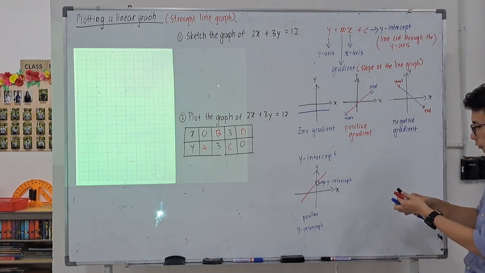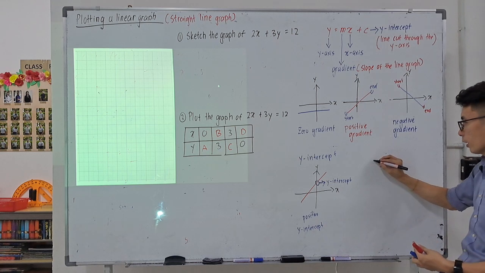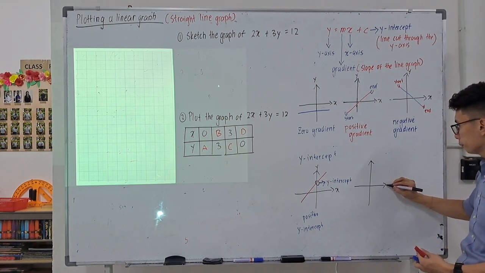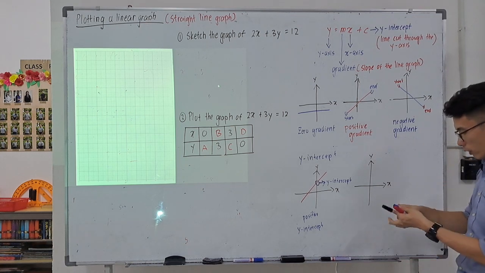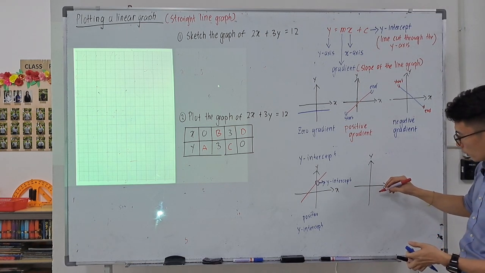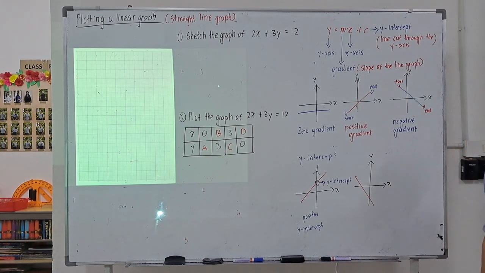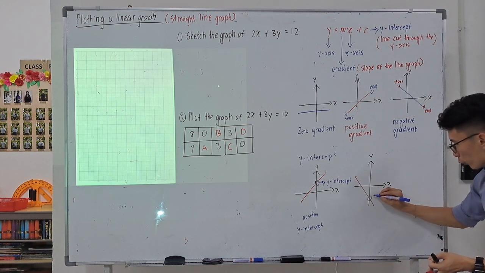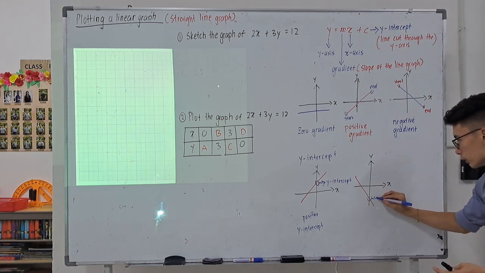All right, and very similarly, if I can just sketch out my graph very quickly over here. And if I were to draw a line that looks something like this, okay? You can see that this is a negative gradient, it's going downwards. And this part is going to be the y-intercept.